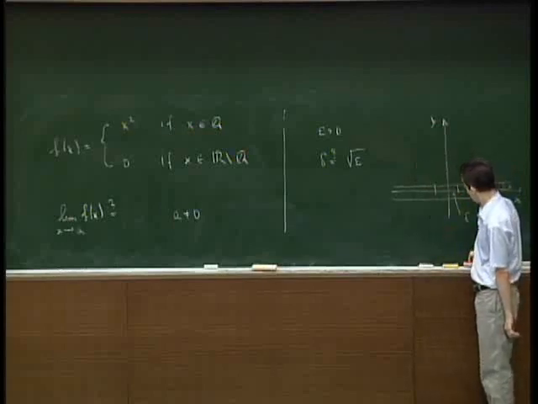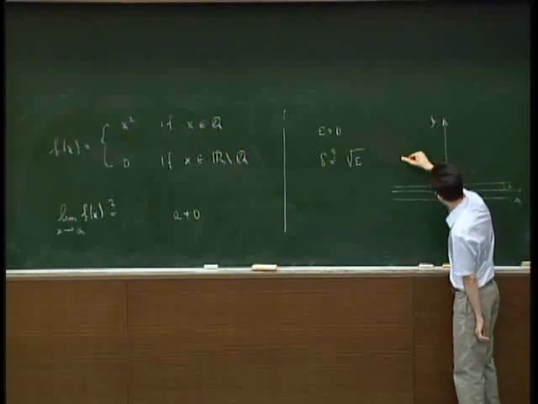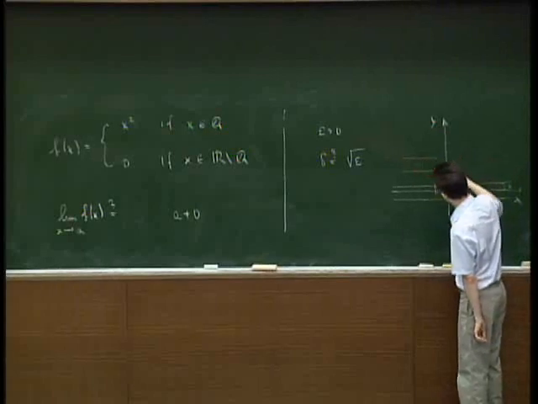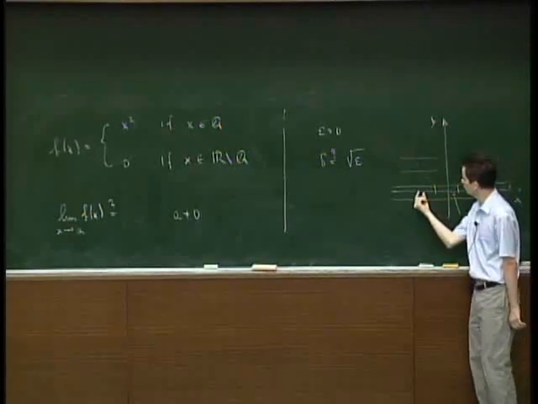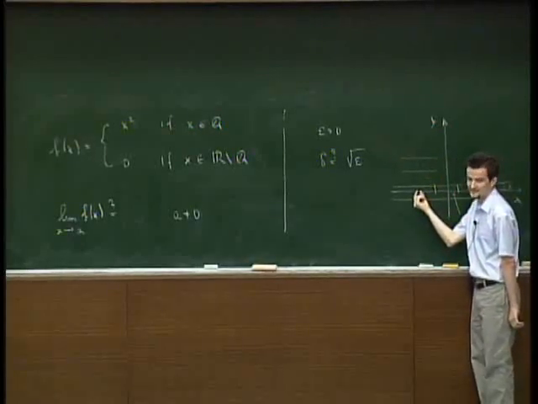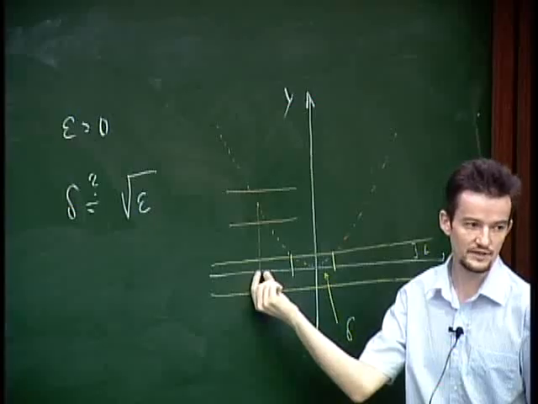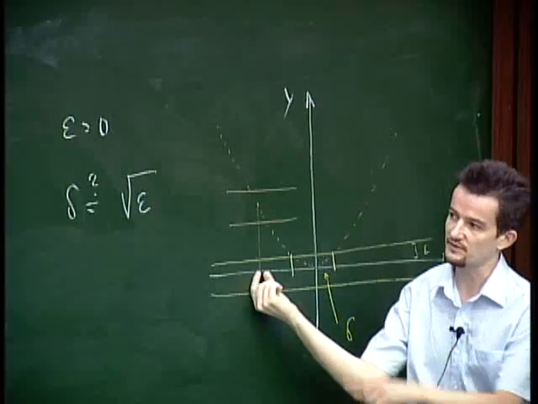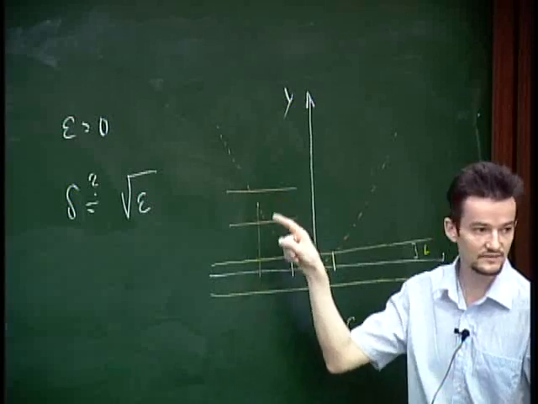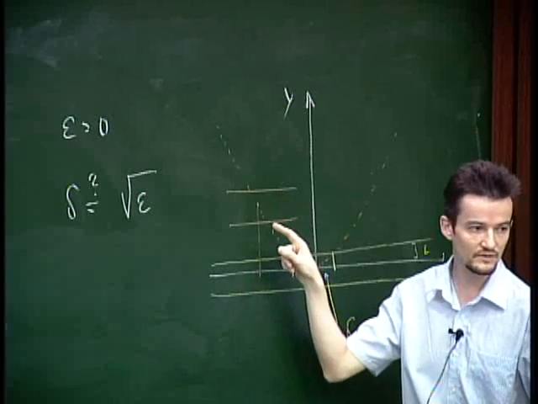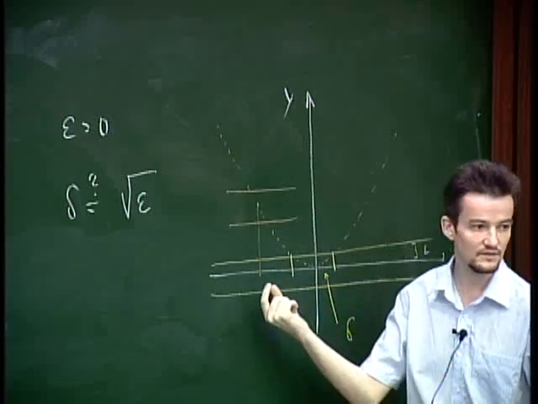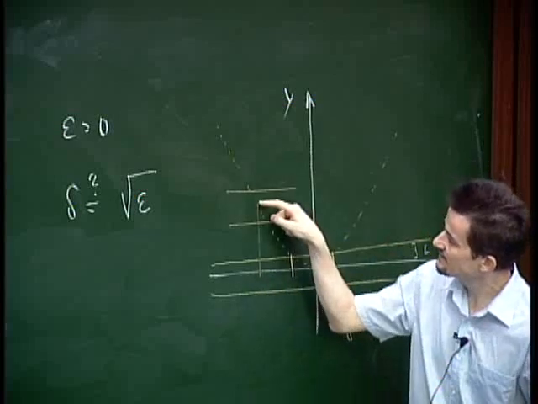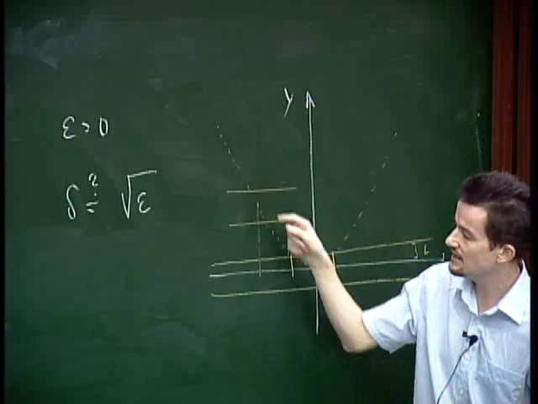Now, obviously, if you choose an epsilon strip like this here, no matter how close you get to this point, in this interval you will always have irrational numbers. But irrational numbers are mapped to 0, outside the epsilon strip. Roughly, this is the argument. So this value cannot be the limit.